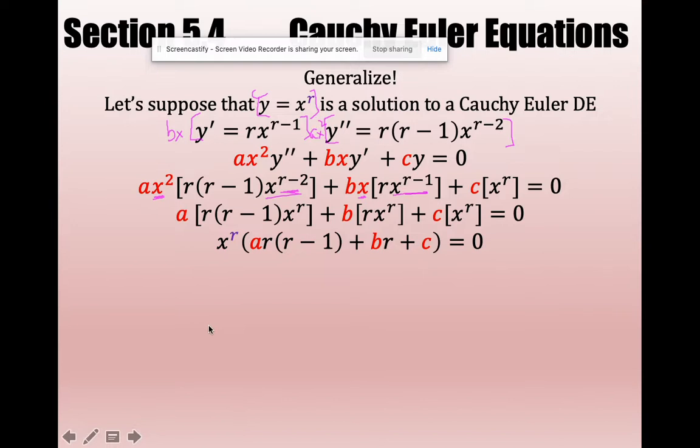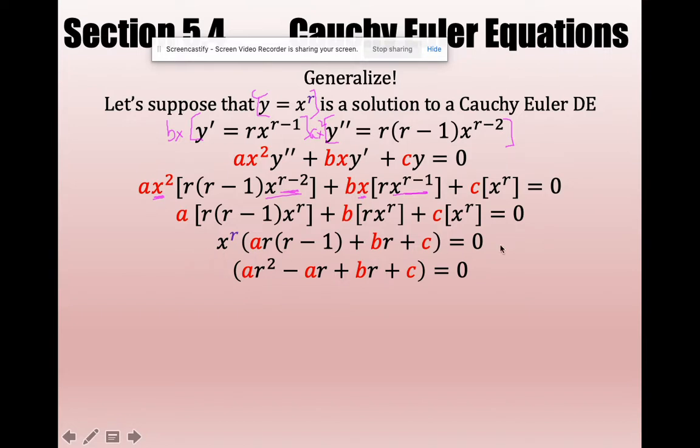Good F word. Factored out x to the r and was left with this inside. Sorry. I divided everybody by x to the r.